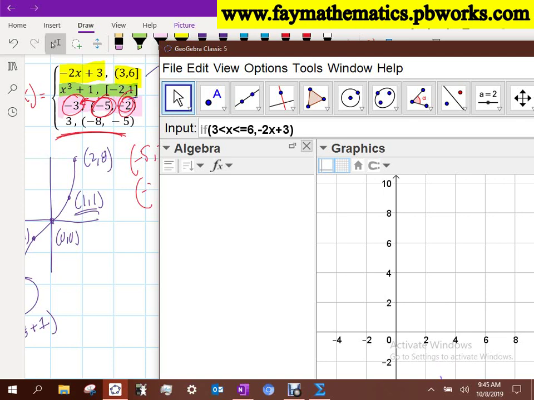Now I don't want to hit enter because I want to continue doing this. The next part said comma else. So comma else means, what else do you want to do? If you've got other things that need to be done, well, else would be, okay, if I'm not between 3 and 6, I want to do this one here.